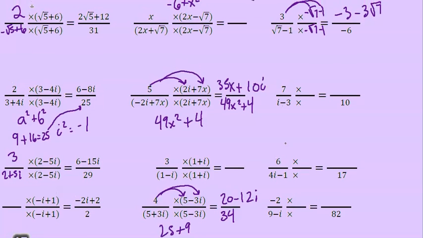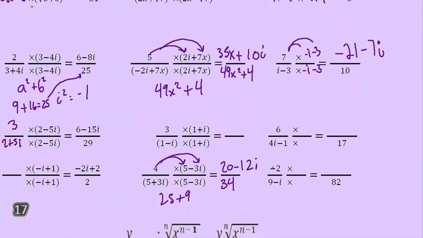The conjugate of i minus 3 is negative i minus 3. So distribute the 7 to each of these. You get negative 21 minus 7i.